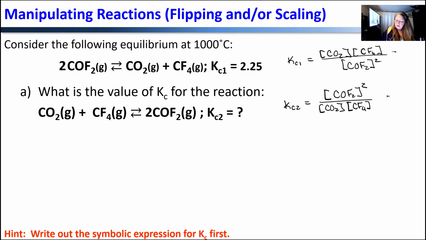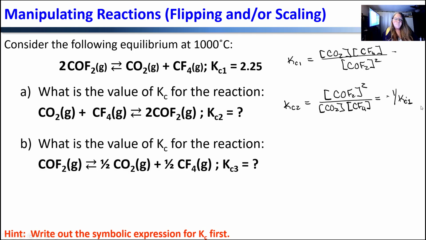From here to here, I've just taken the inverse by flipping it, right? So that means that my Kc2 is just going to be 1 over Kc1. So I have 1 over Kc1.